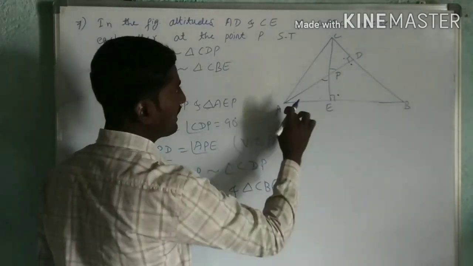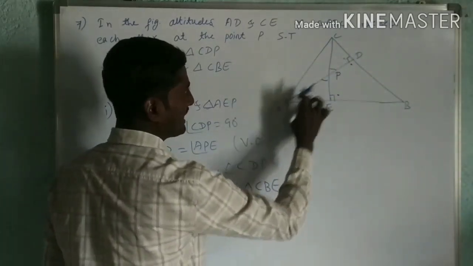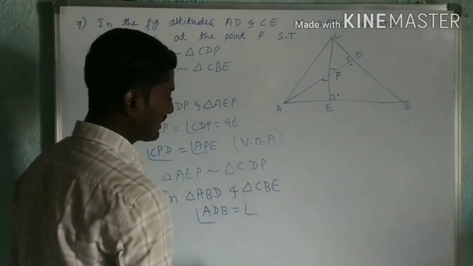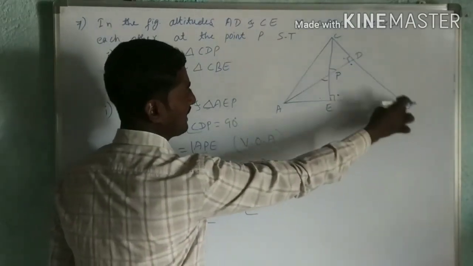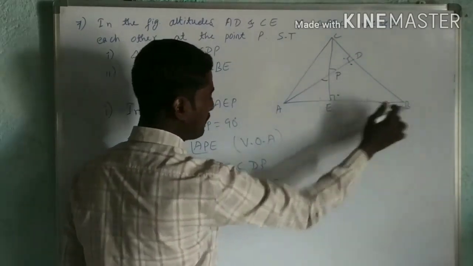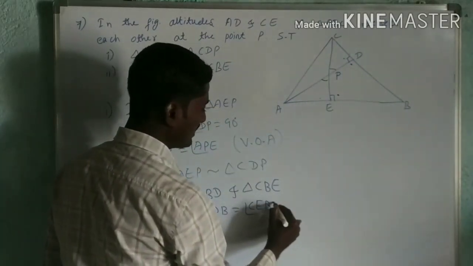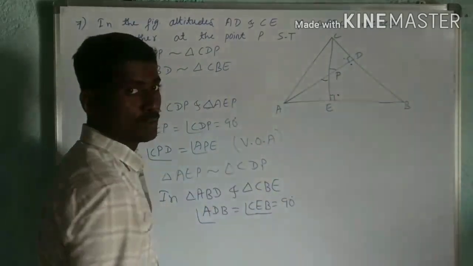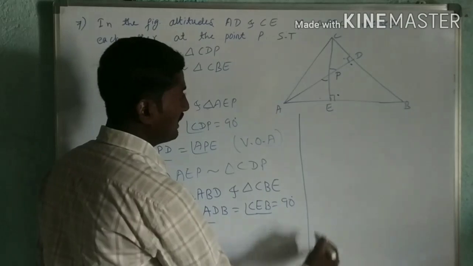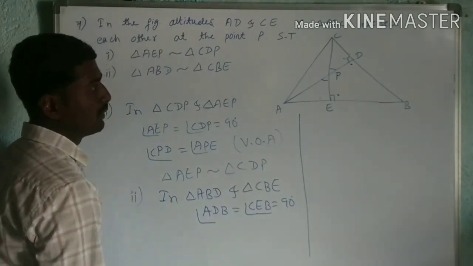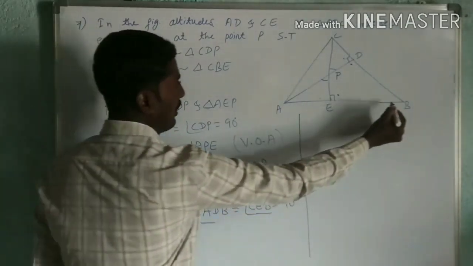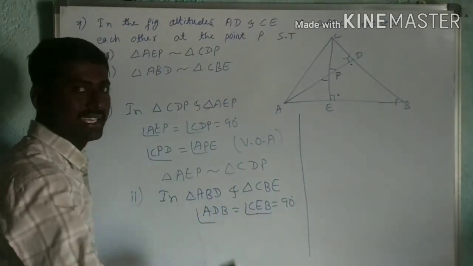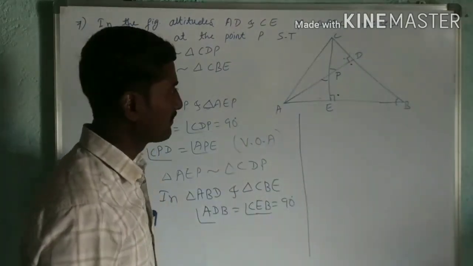In triangle ABD, angle ADB is equal to angle CEB in triangle CBE. How much? 90 degrees, because they said these two are altitudes. And now I can get another condition: this is the common angle. Angle B is common for both triangles. Again by using AA, I can say that these two triangles are similar.